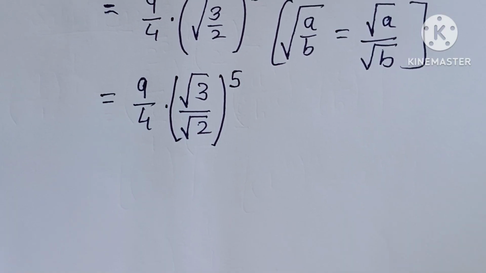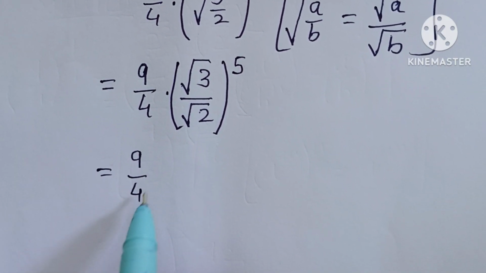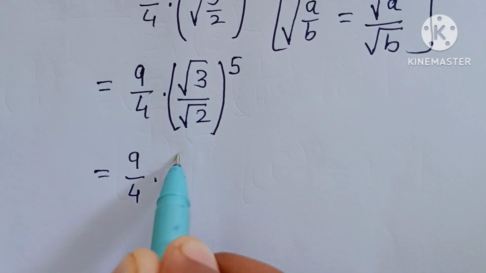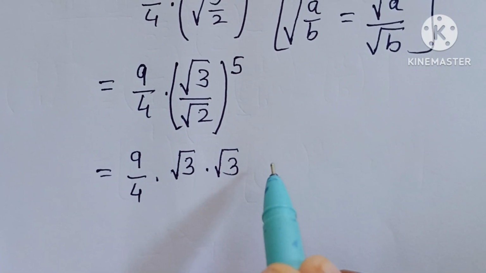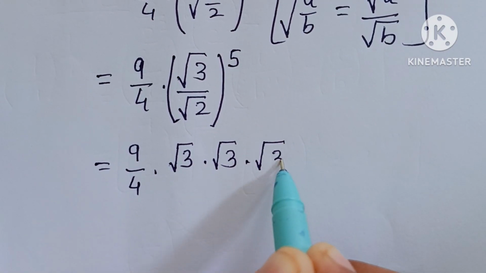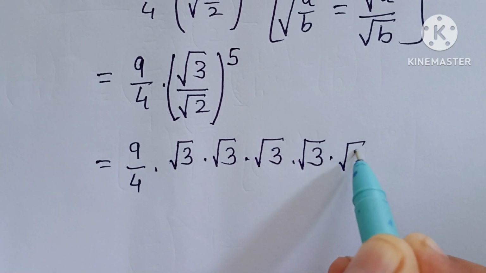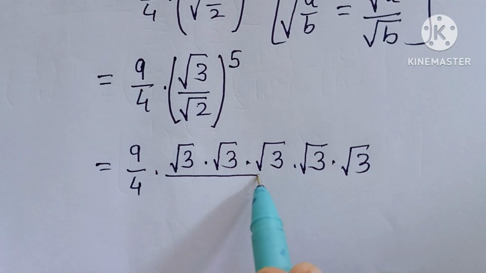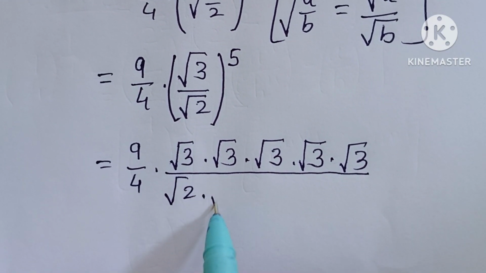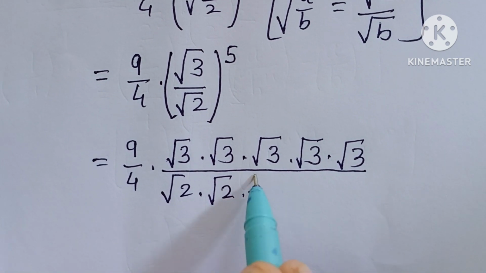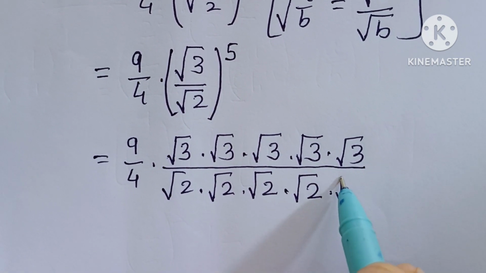Now 9/4 into root 3 into root 3 into root 3 into root 3 into root 3, divided by root 2 into root 2 into root 2 into root 2 into root 2.